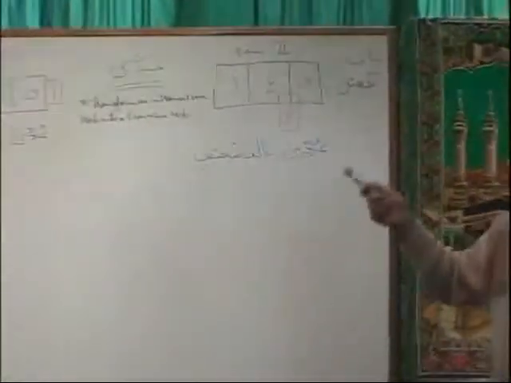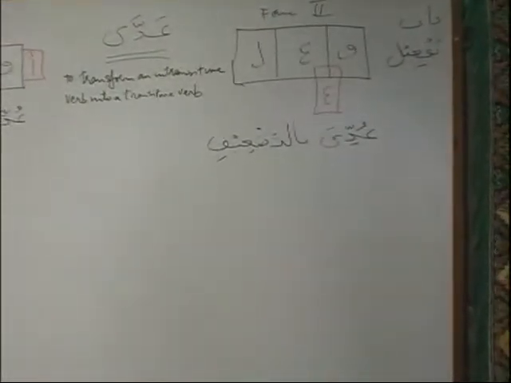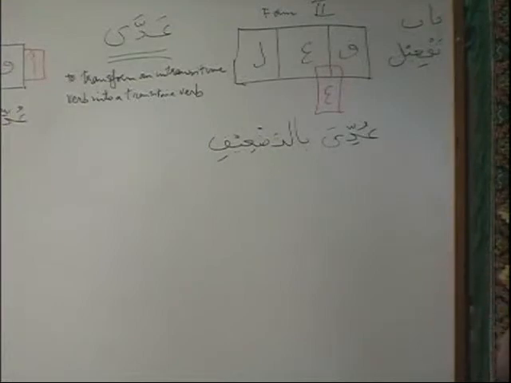See, I wrote down adda. From the grammar point of view, adda has many other meanings. It is to transform an intransitive verb and make it into transitive. So how do you do it in form 2? Uddiya, it is transformed by doubling of the ain kalima, bit tad'if. What is the meaning of tad'if?